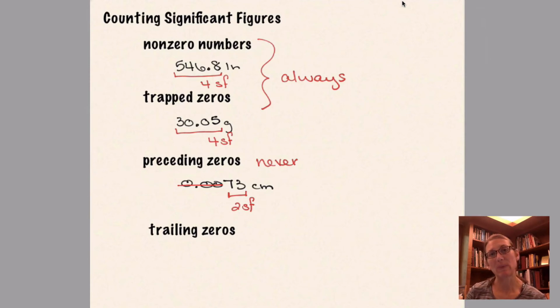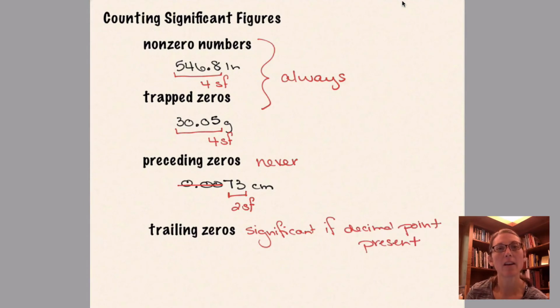Trailing zeros are the ones that you'll have to really remember to pay attention to, because these are sometimes significant. Trailing zeros are significant if there is a decimal point. So, for example, if I have the number 10.00 grams, there is a decimal point in this number, and so all those zeros at the end count.